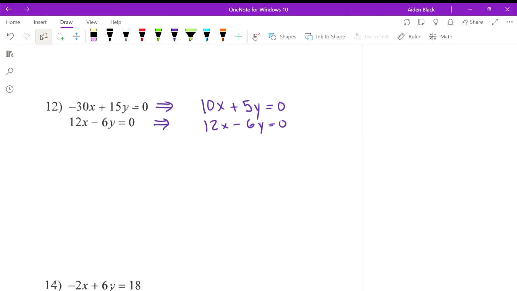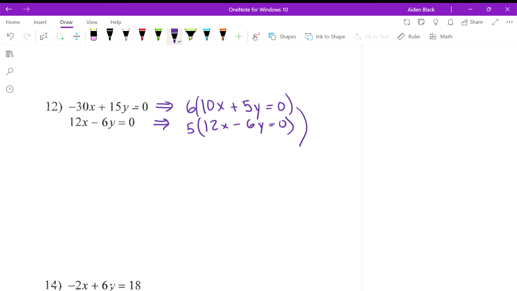And I think the easiest thing to do here is to multiply, I'm going to get rid of the y. So what I'll do is I'll multiply this one by 5, and multiply this one by 6. So that we end up with 30y and negative 30y.